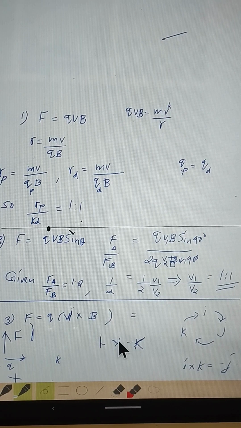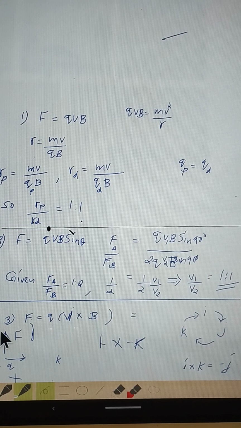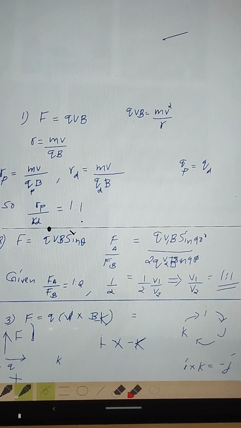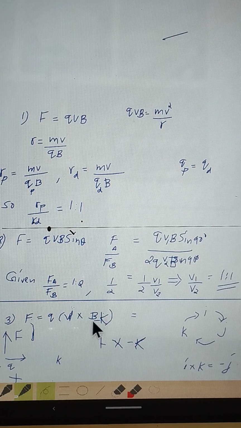I cross minus k will be equal to minus of i cross k, and i cross k is equal to minus j, so this will be minus of minus j, that is plus j. So the unit vector associated with B should be minus k to get j here. So the unit vector associated with the magnetic field vector is minus k.